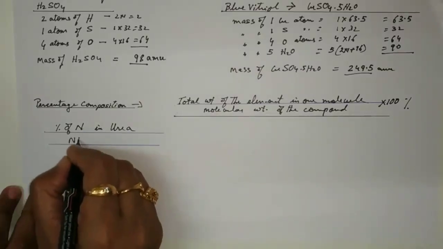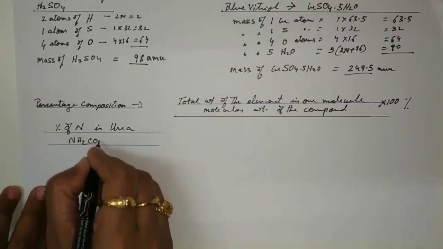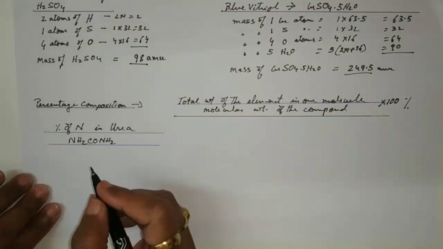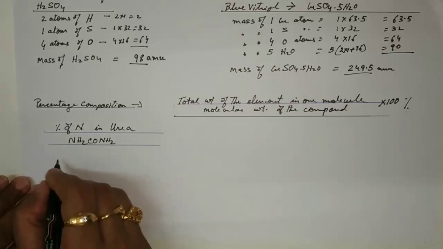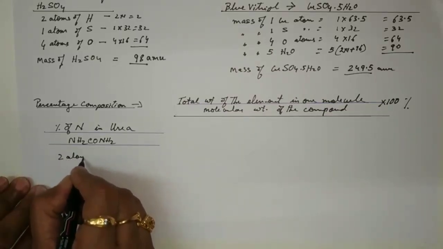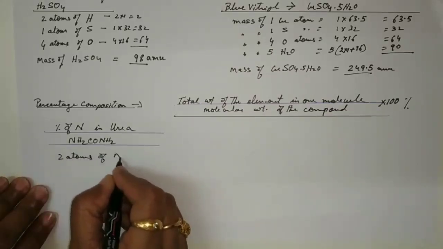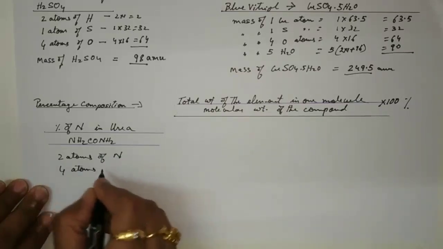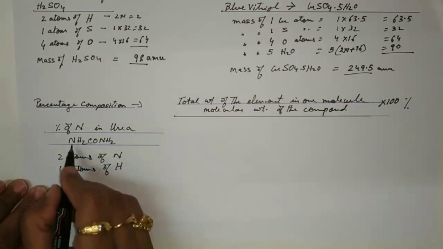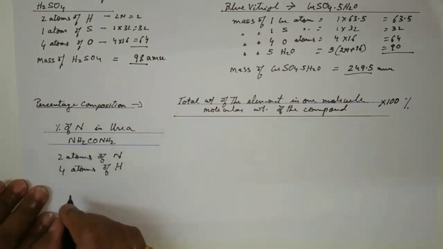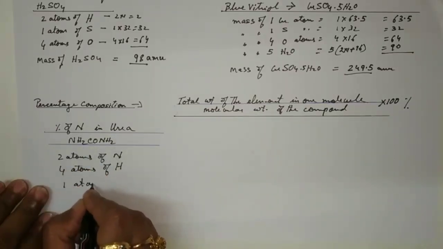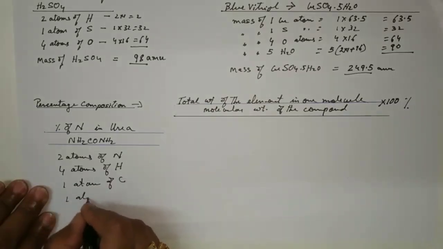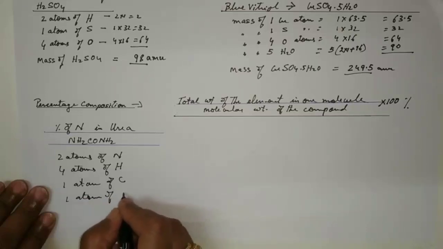Urea is NH2CO NH2. Now this contains 2 atoms of nitrogen, 4 atoms of hydrogen, 1 atom of carbon, 1 atom of oxygen.